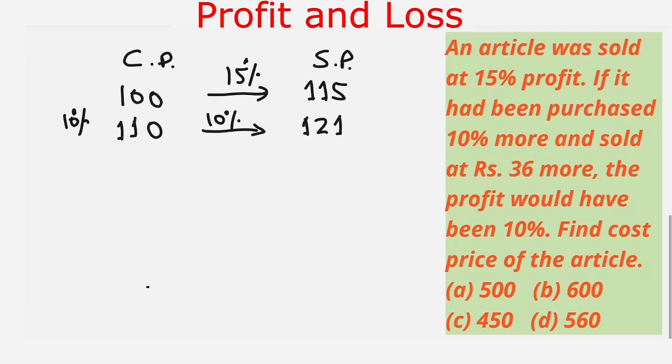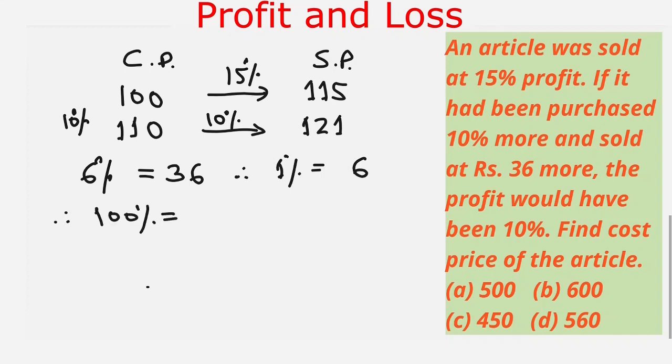Now the old selling price was 115 and new is 121. The difference is 6%, and 6% is equal to 36. Therefore 1% equals 6, and thus 100% equals 6 multiplied by 100, which is 600.